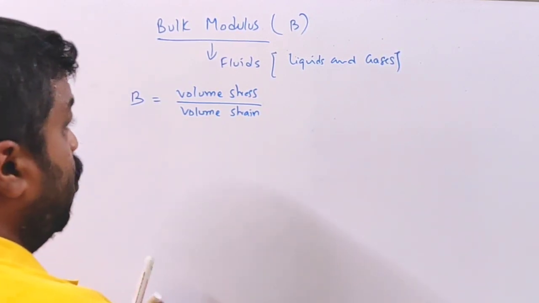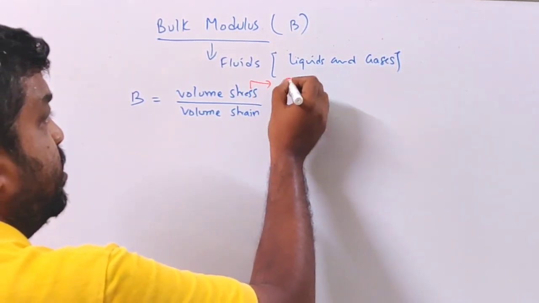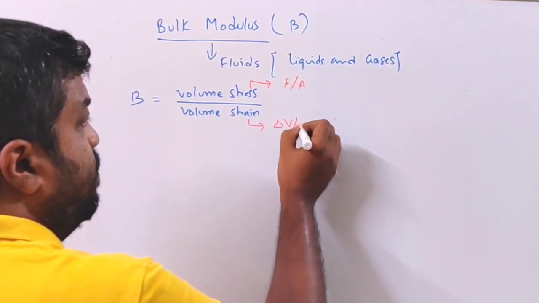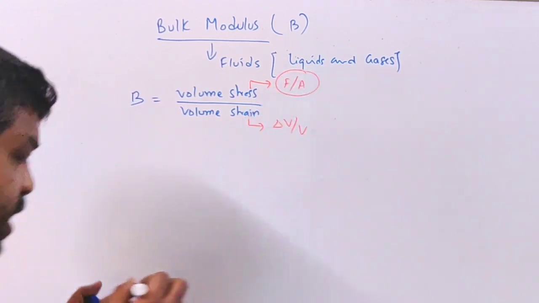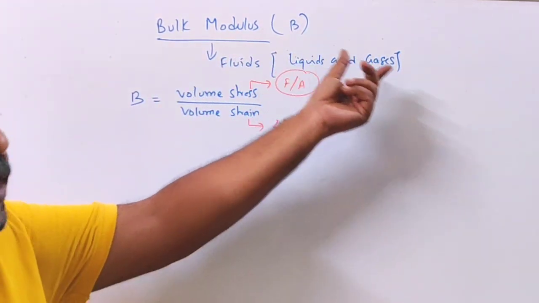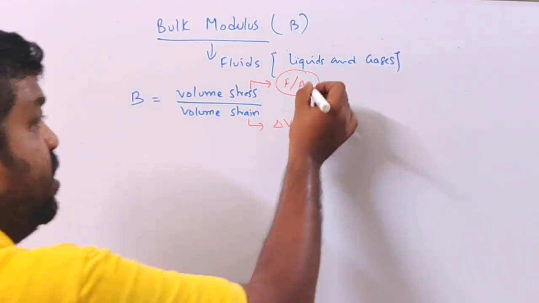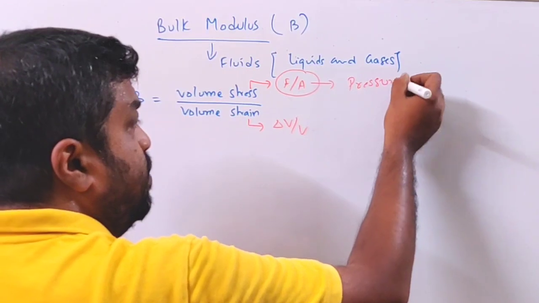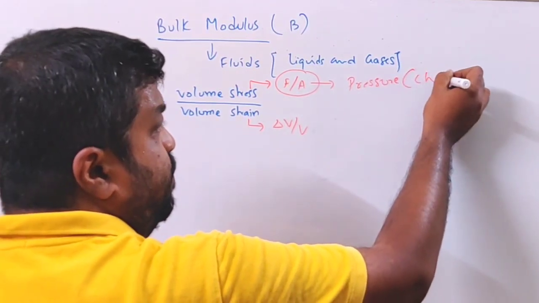Now this volume stress, stress is force per unit area, volume strain is delta V by V. Since we are talking about fluids, that is liquids and gases, this force per unit area represents pressure, but actually this is change in pressure.